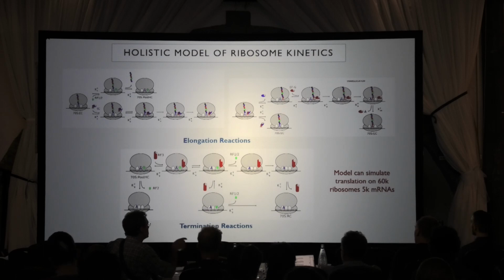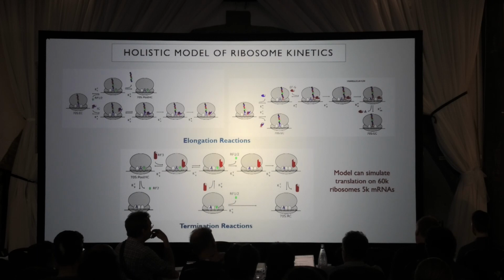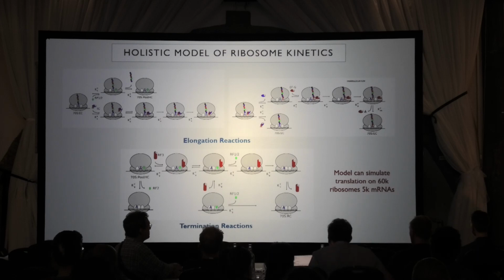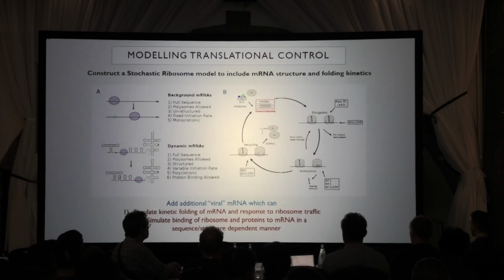Through very specialized computational techniques, you can simulate translation on 60,000 ribosomes on 5,000 messenger RNAs in roughly 24 hours on a single CPU. So that allows you to look at this in a reasonable computational time frame.